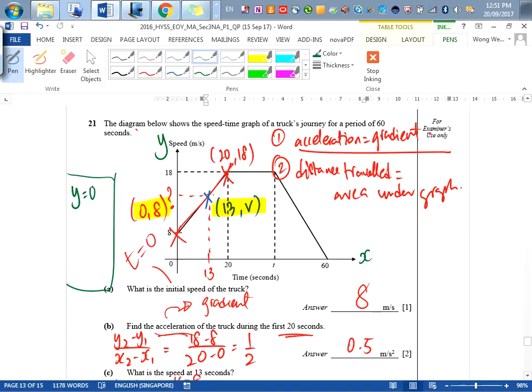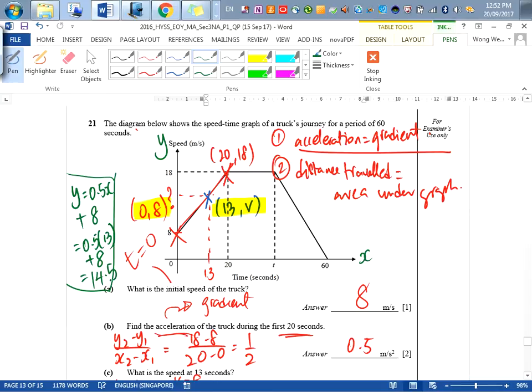It's 0.5. X plus, what is the intercept? 8. So what is the speed, meaning what is the y coordinate when time is equals to 13? So this is equals to 0.5 times 13 plus 8. And you will also get the same answer as 14.5.